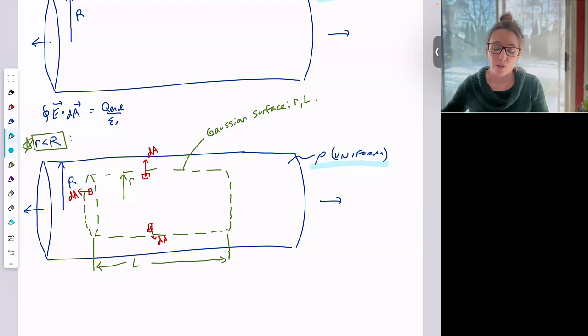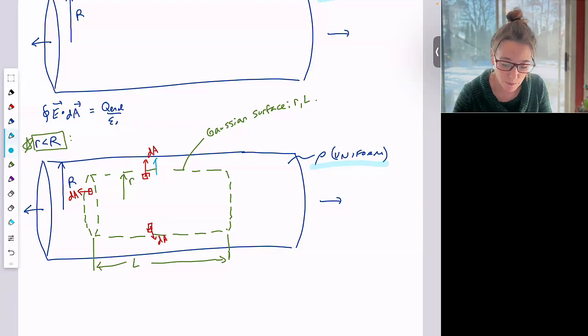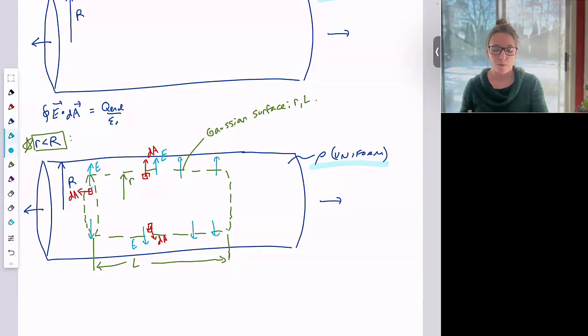Because I have this long cylindrical symmetry, the electric field is going to point away from the center axis of the charge distribution at all points. Even over here on the end cap, my electric field is still pointing radially away from that object.